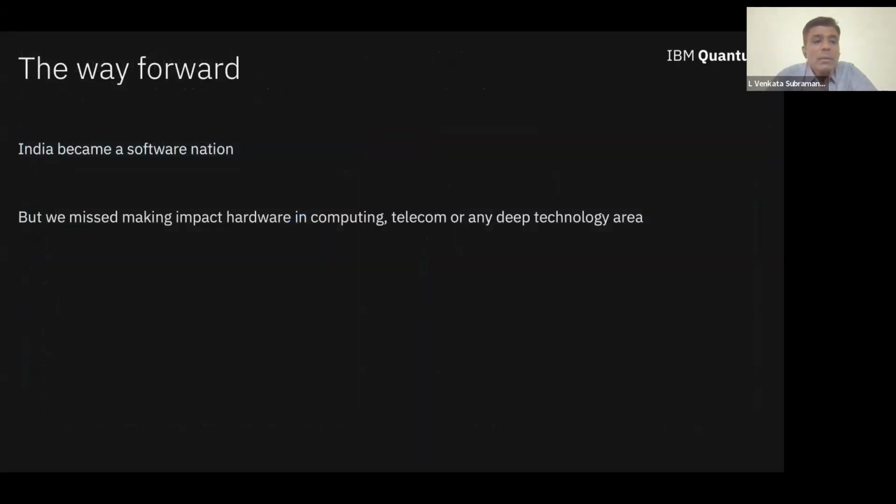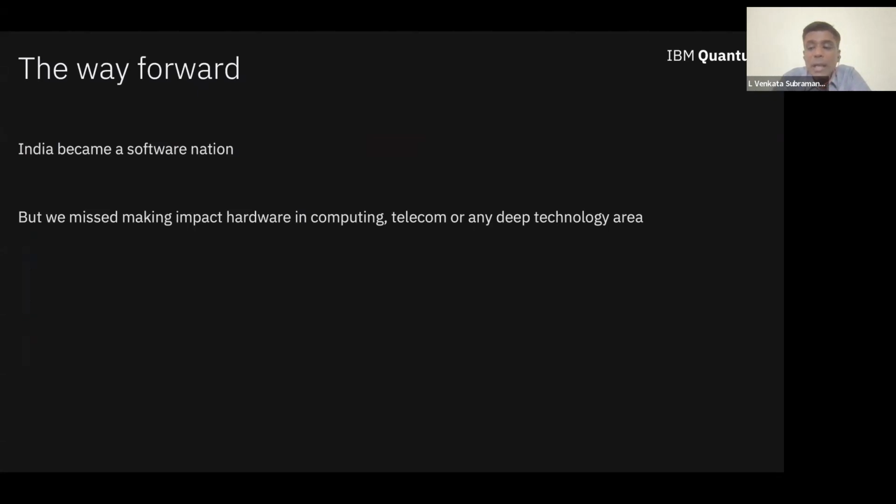So what is the way forward? How is everybody in India contributing to this? You all know that India has become a software nation. We have done very well in the software arena, and we are doing extremely well.